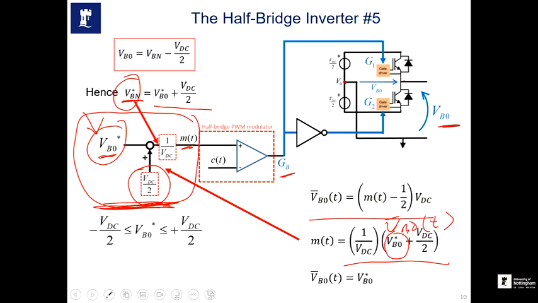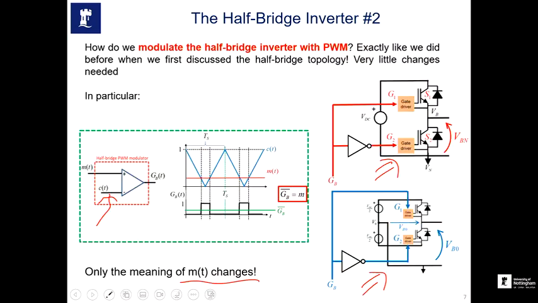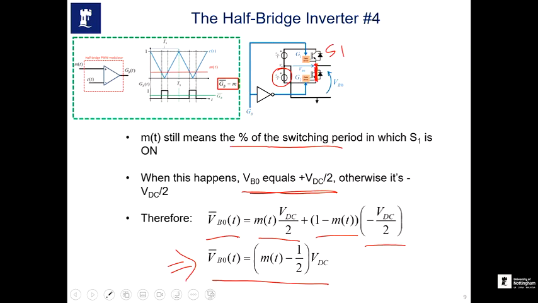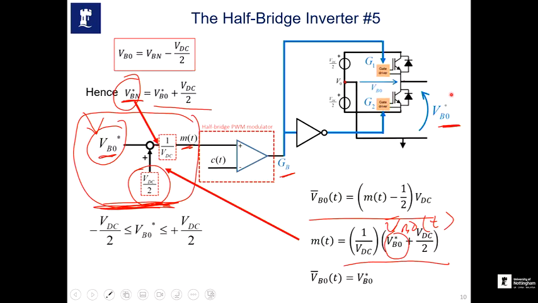Okay, so same hypothesis. As I mentioned in our first slide, whatever VBN we want as the output of the half bridge, we put it as a reference in here as a VBN star. In this case, same thing. Whatever VBO average you want at the output of your inverter, you put it as a reference as VBO star.